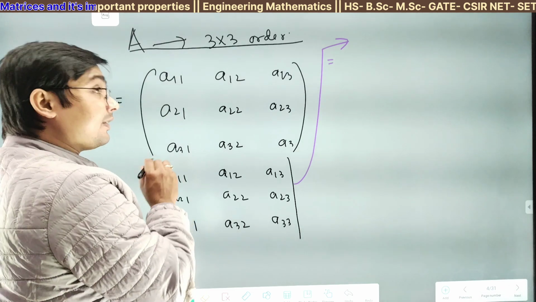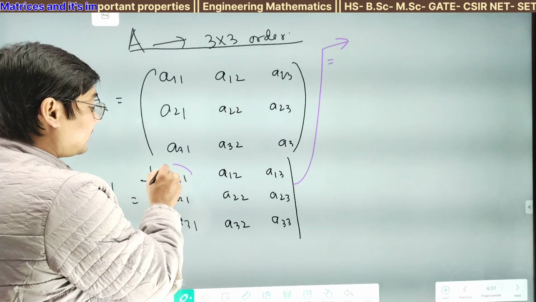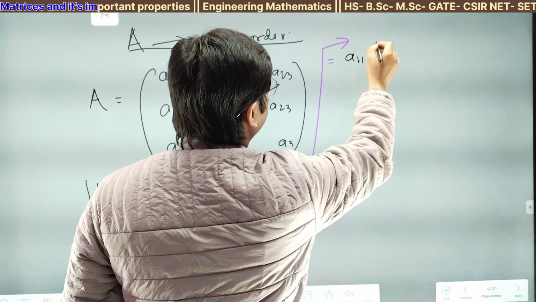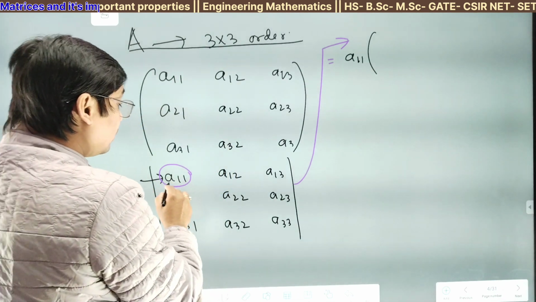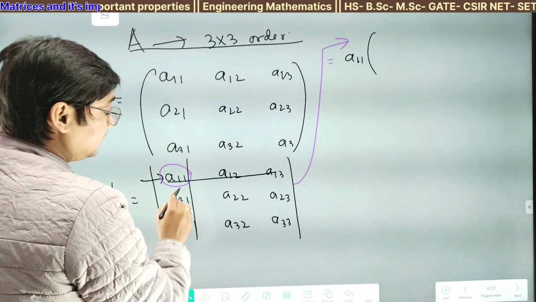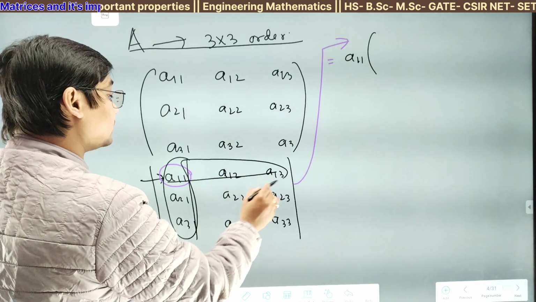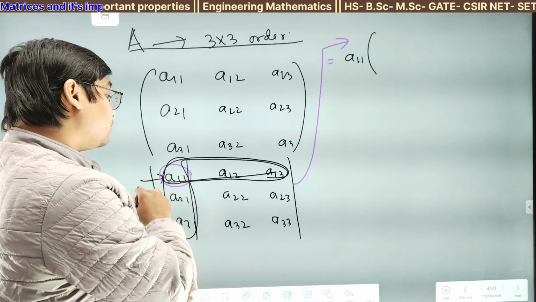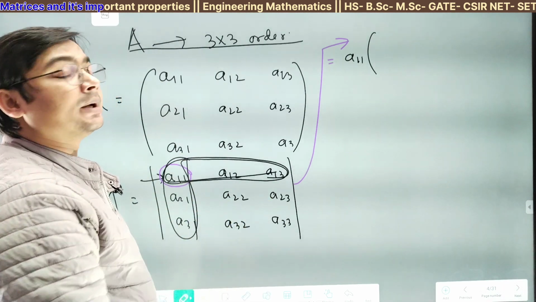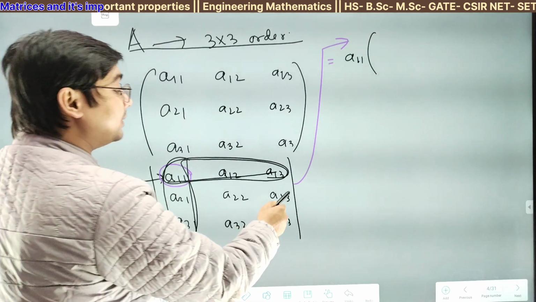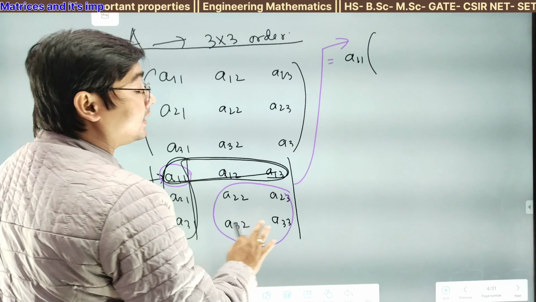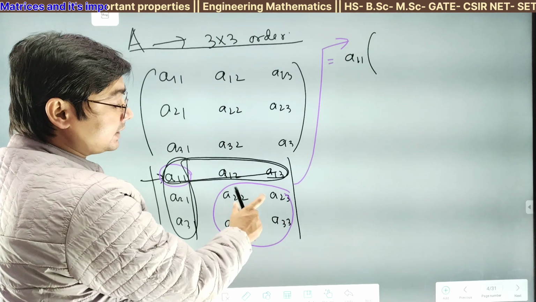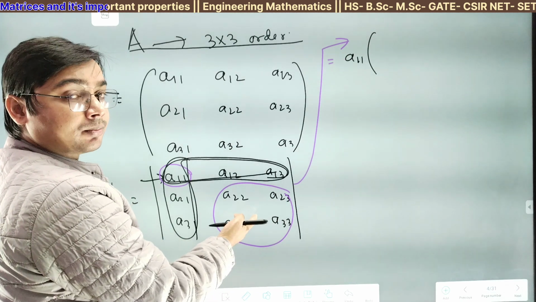The first element of this first row is a11, so just put a11 here. Then delete all those elements which are in this row and this column. Okay, first delete the elements in that row and column completely. With the elements that remain, make a 2x2 determinant. See, how many elements are there? There are 4 elements, so obviously we can construct a submatrix of order 2x2.